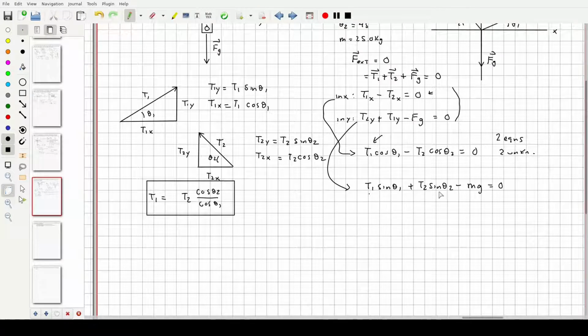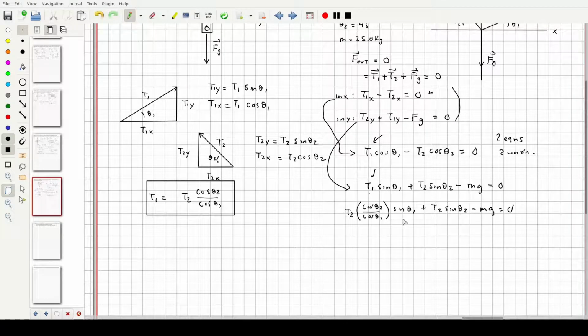So if I do that to this equation right here, I have T2 times cosine of theta 2 over cosine of theta 1. That's T1. Then times sine of theta 1 plus T2 sine of theta 2 minus mg is equal to 0.